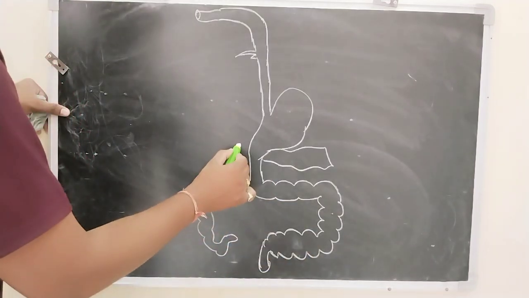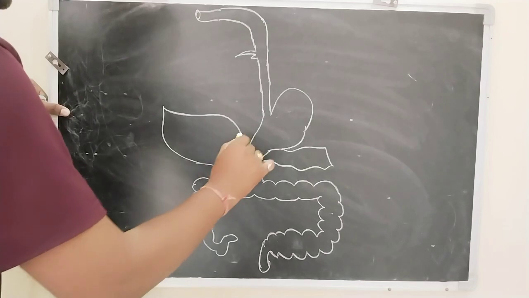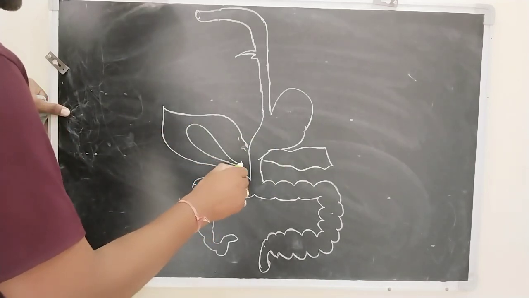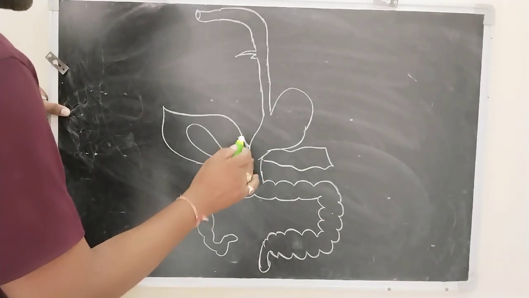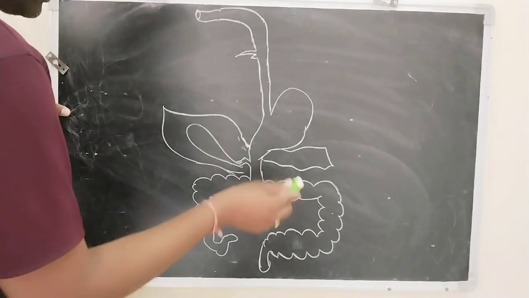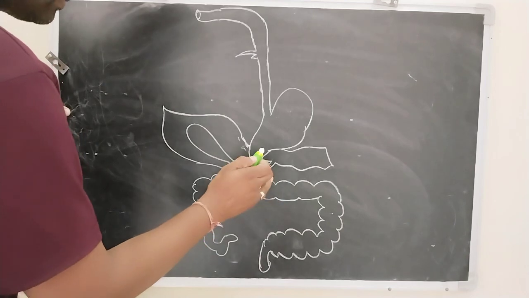Next, on this side the liver is present, and this is the gallbladder, and this is the pancreatic duct.